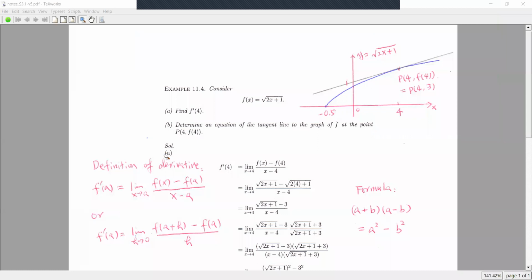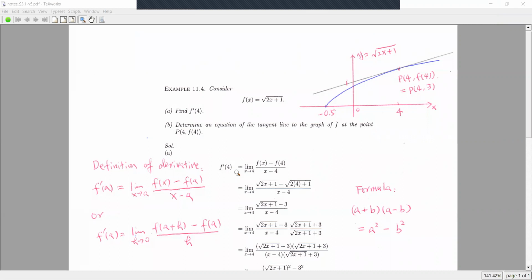Now, solution to part A. To find this derivative, we have two formulas. Each formula works. In this example, let me pick this formula to compute the derivative.